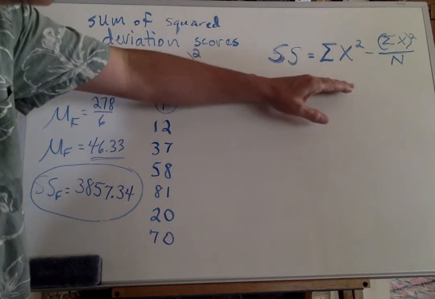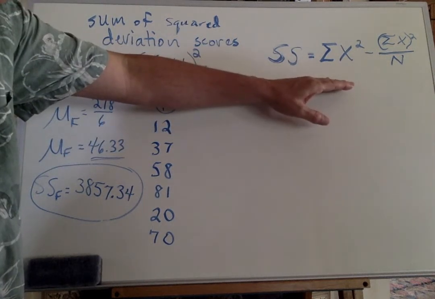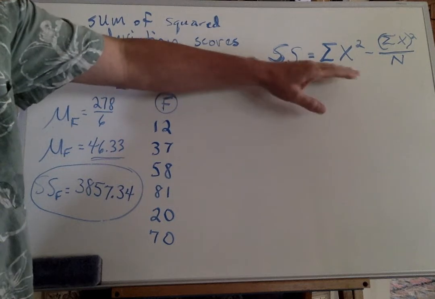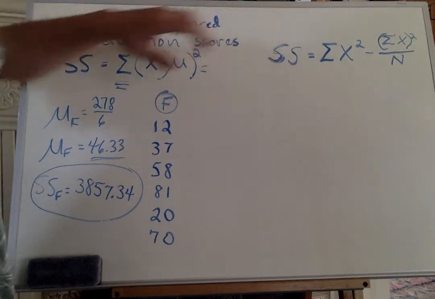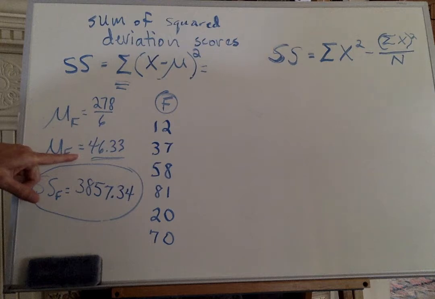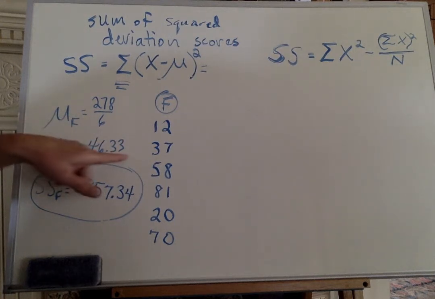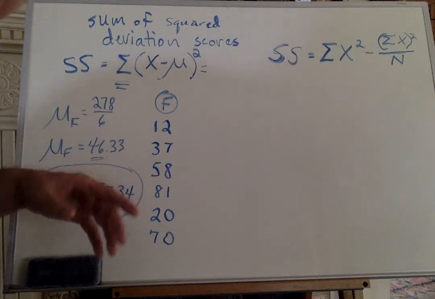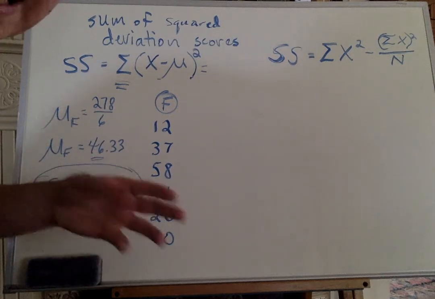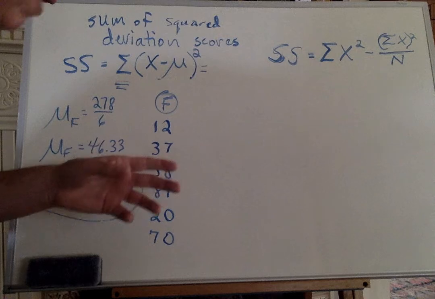When we look at this one, it's not so easy to see, okay? But I can get the sum of squares without having to get the mean first. Plus, I'm rounding here, and whenever you round, you're really infusing error into your value, okay?